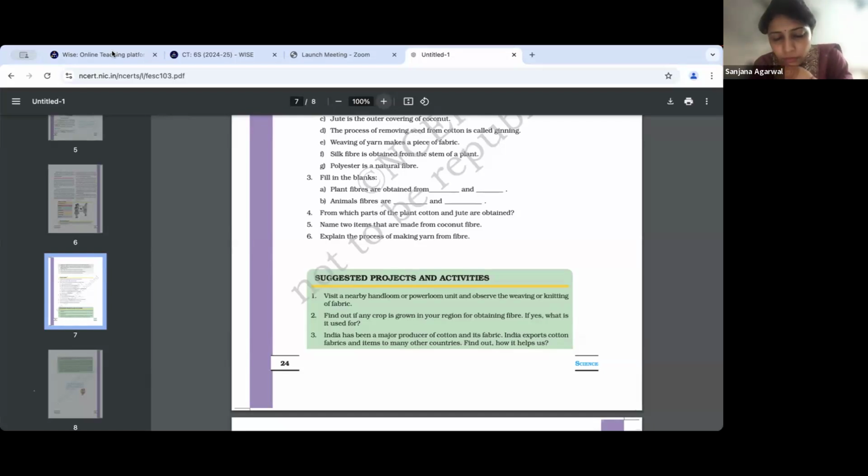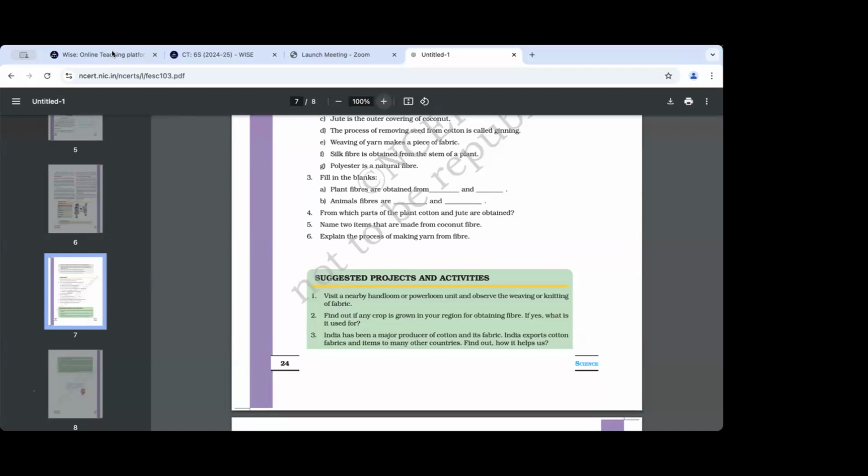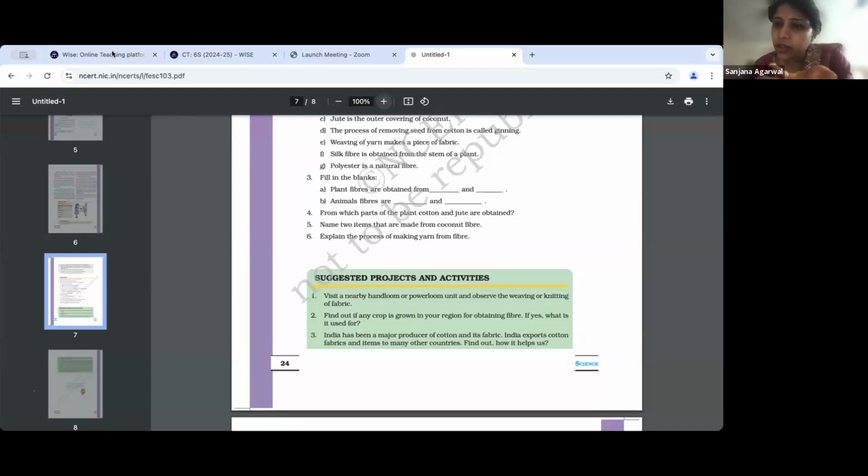Answer. Bobbins are the wooden or plastic reels on which yarn is wound.